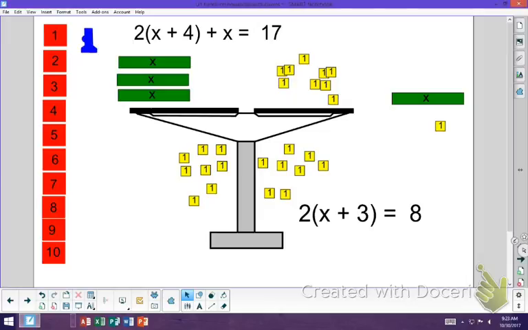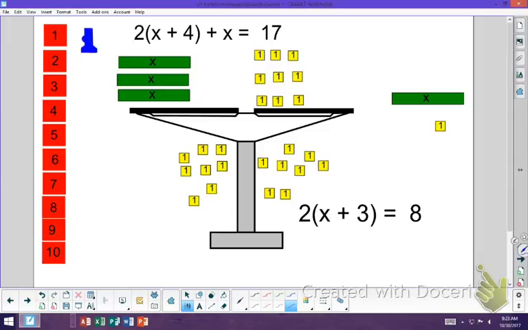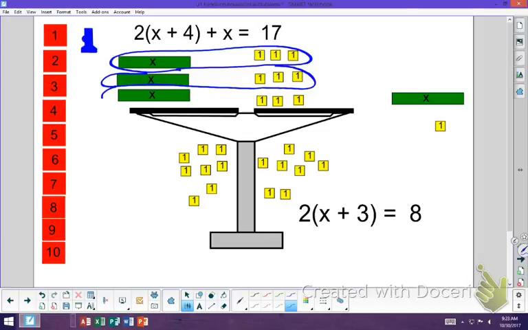Since I have 3 x's, I have to break this into 3 groups. So I keep dividing these up. And that shows me that each x is paired up with 3. So x equals 3.